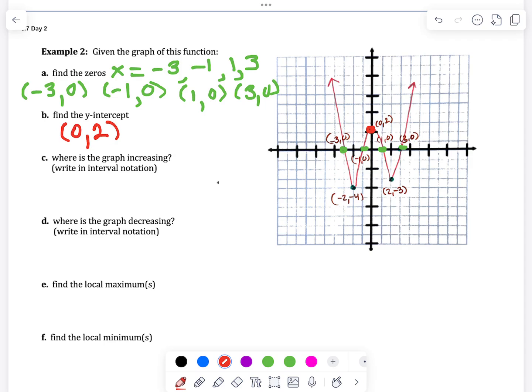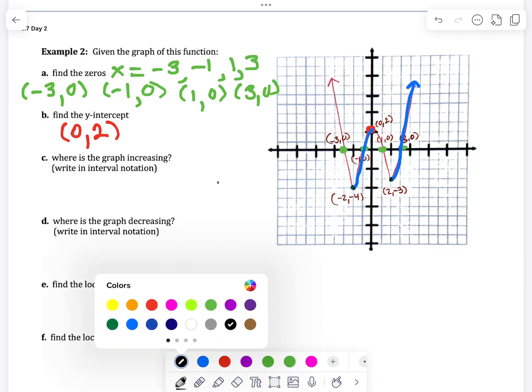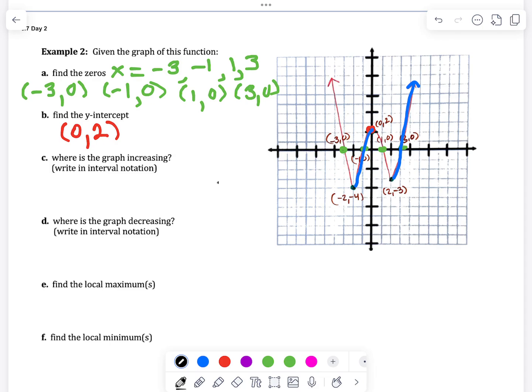Then we want to find out where the graph increases. So the graph is increasing in this blue region here and that blue region here. So I'm going to identify the local max and mins first. So this is a local min and a local min.